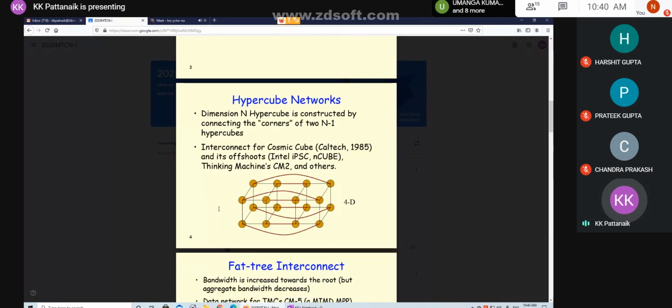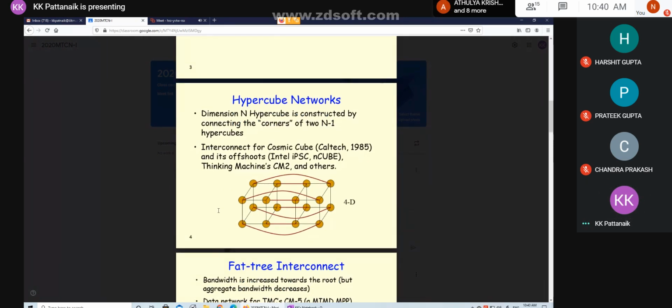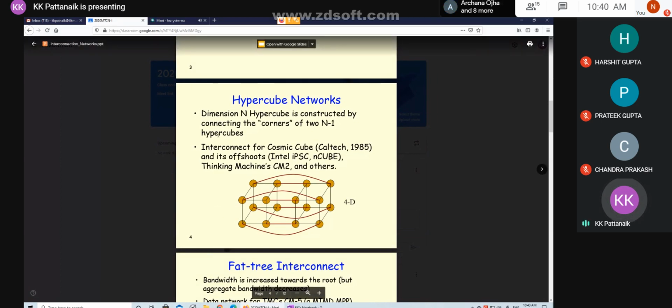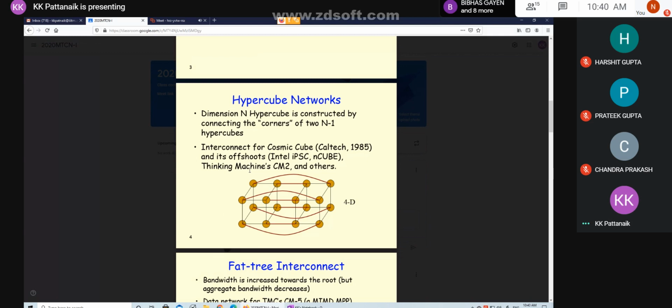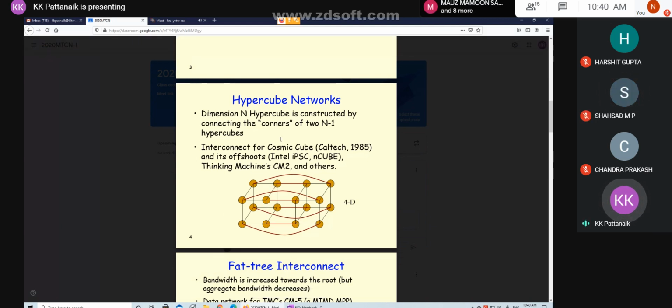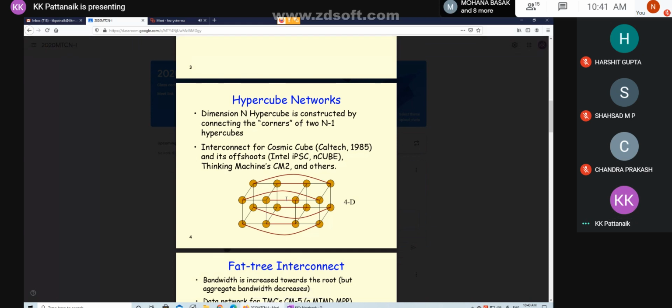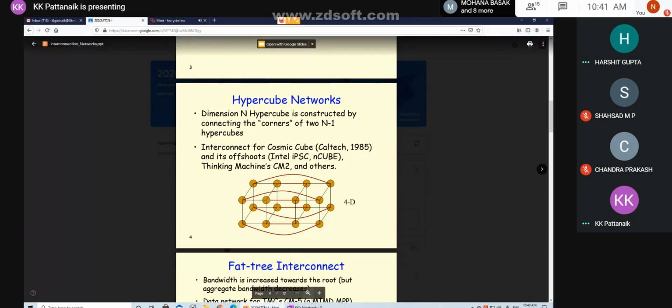Are you aware of hypercube? How to construct a hypercube? Students, are you aware of how to construct hypercube? Okay, so the binary numbering of nodes, also are you aware about it?